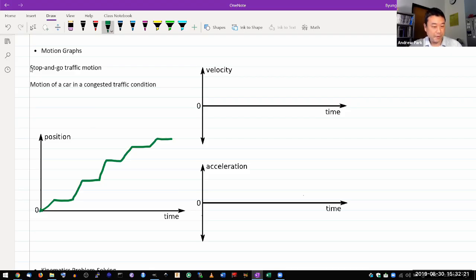And once you have that, what I want to do is draw what the velocity and the acceleration curves look like. There are some idealizations I'm making here. For these segments of motion, I'm going to assume that it's moving at a constant velocity.